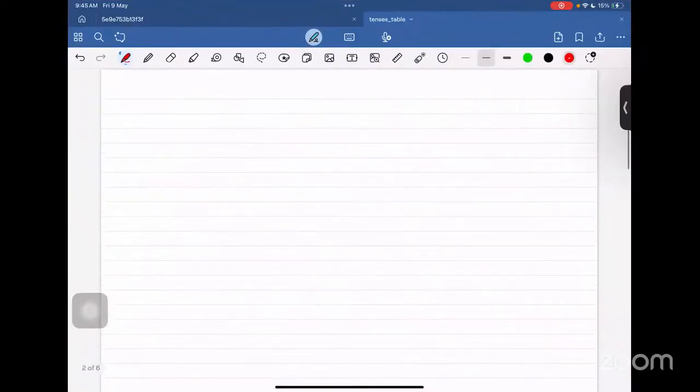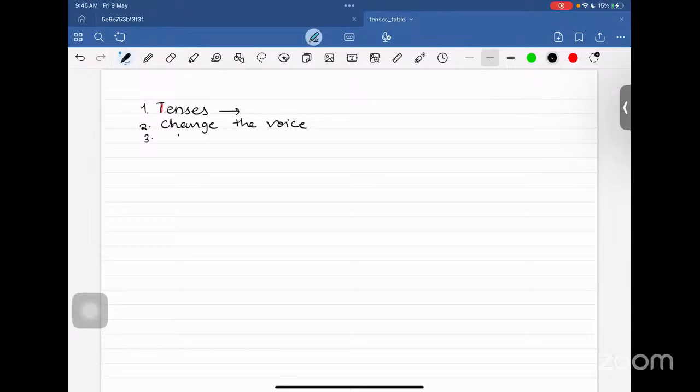One of the areas is, for example, tenses. Second, change the voice. Third, degrees. Fourth, narration, that is direct and indirect speech. Fifth, spelling errors.